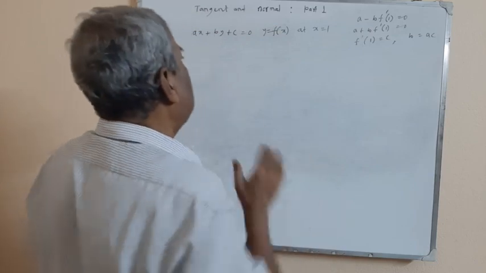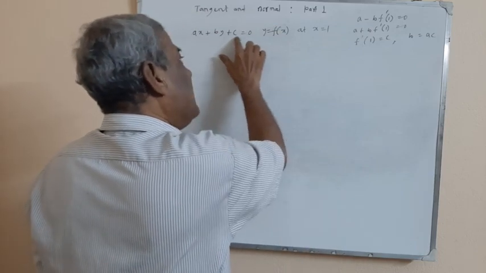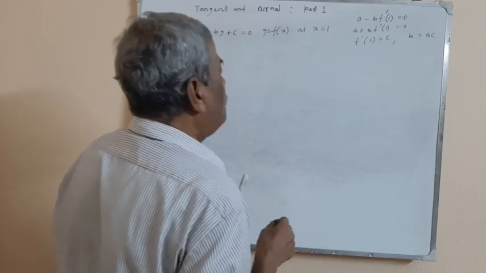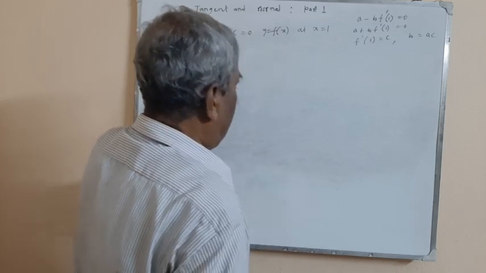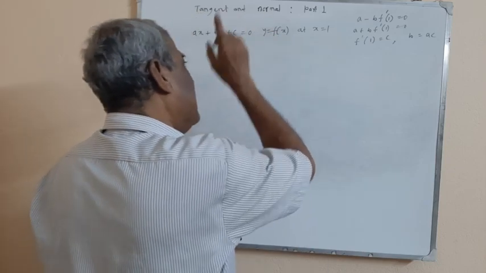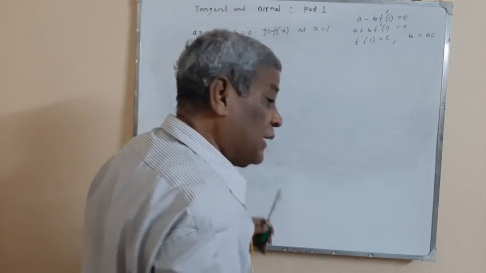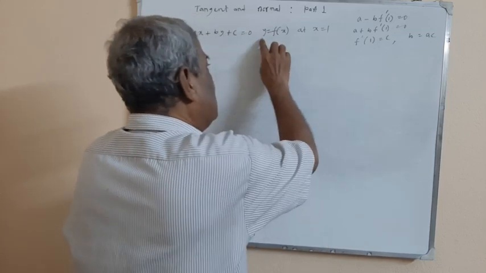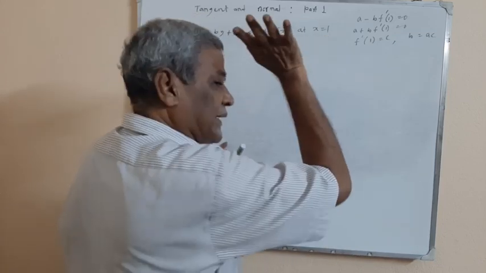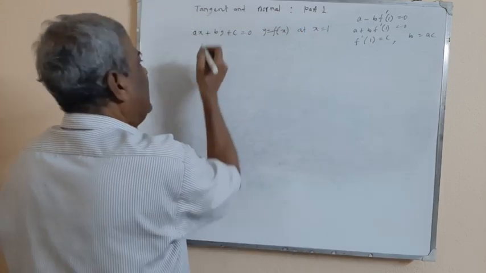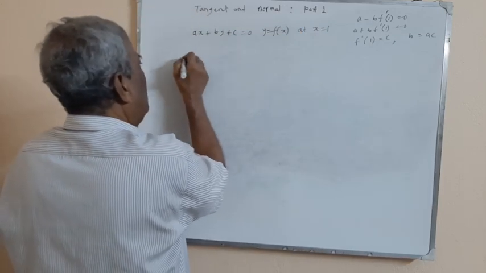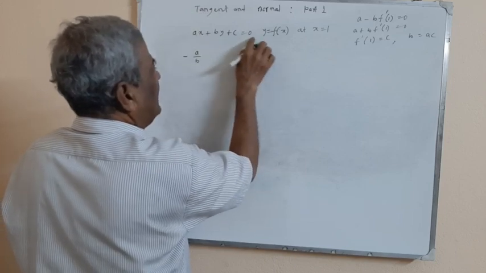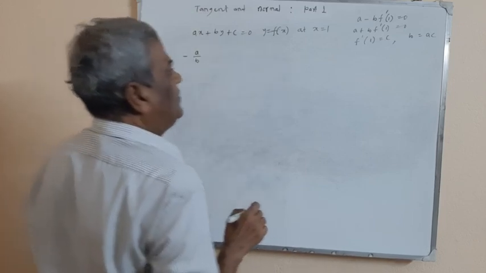From two considerations, this is given as a tangent. Its gradient can be obtained from the knowledge of coordinate geometry, and the gradient of a tangent can also be obtained from calculus, that is dy by dx at that point. From here, the gradient is minus a by b. The gradient of that straight line is minus a by b.